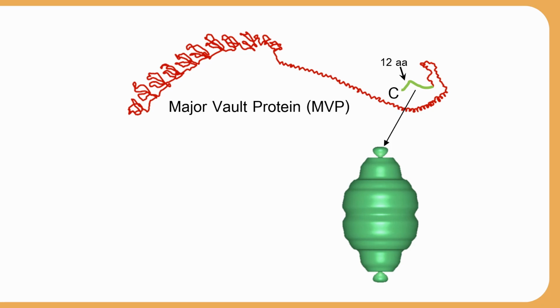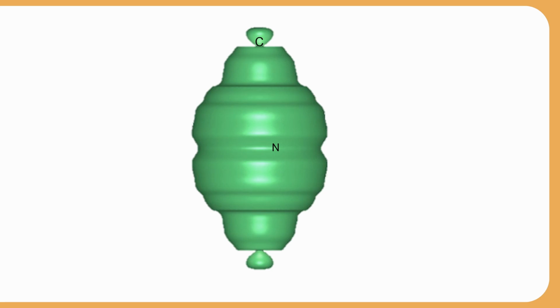We produced a model that proposed that the MVP aligned along the outside of the vault, running from the waist up to the cap. We published this data in 2004 in the Journal of Molecular Biology with Yeshi and Miriam as co-first authors. Once again, a vault image was selected for the journal cover. Let's get this on the wall too.